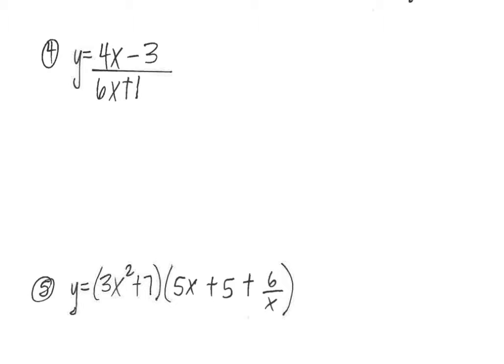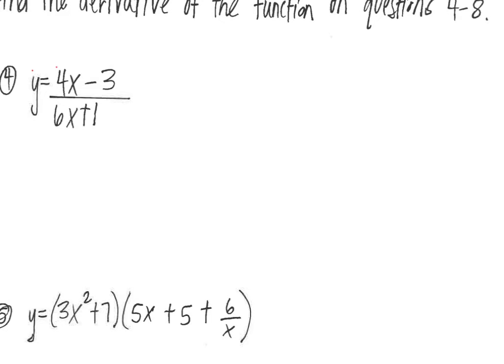And so it's really important for me to read that. 4x minus 3 divided by 6x plus 1. Divided by, that tells me I'm using the quotient rule, which we know to be denominator, derivative of the numerator, minus numerator, derivative of the denominator, all divided by the denominator squared.